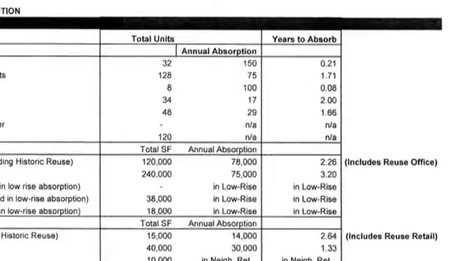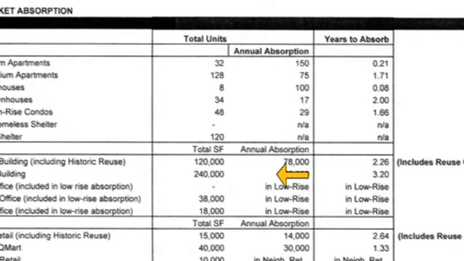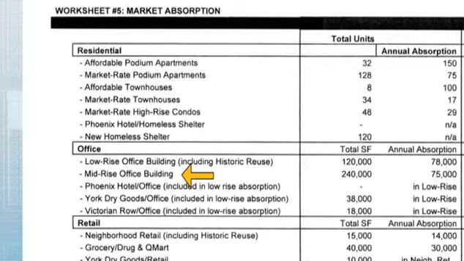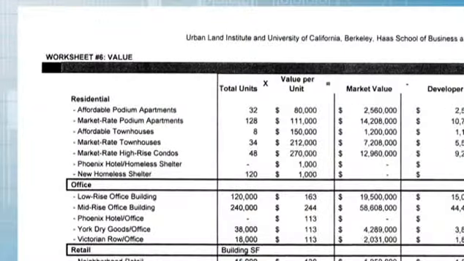Look at the years to absorb column on the market sheet. If you see any number above 3, the developer has overbuilt the market for that use. Did this developer overbuild any uses? If so, what ones? To see the economic consequences of any overbuilding, turn to the last spreadsheet page, Value.